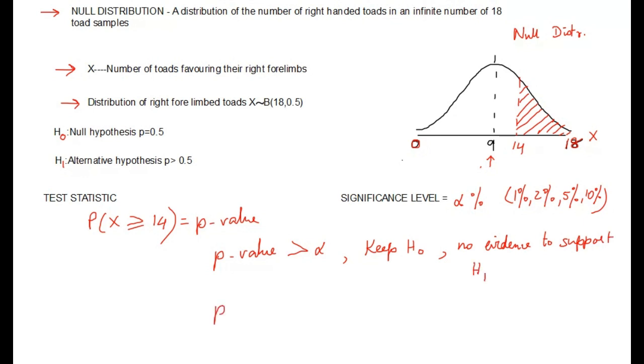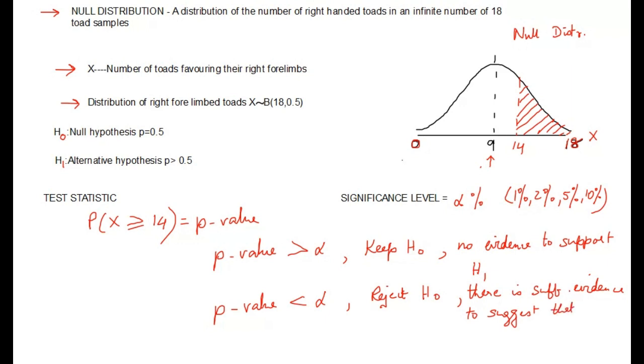On the other hand, if the p-value that you get is less than alpha, then we reject the null hypothesis and we can say there is evidence, or there is sufficient evidence, to suggest that toads prefer their right limbs.